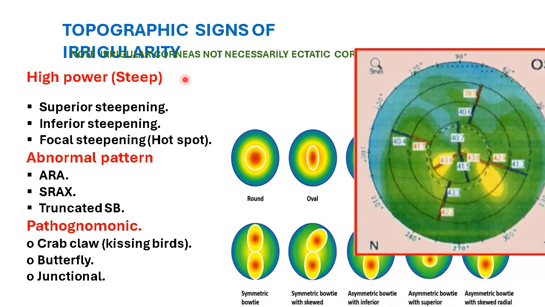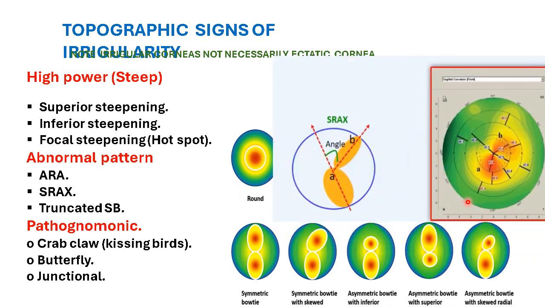If it is present within the normal range and with a symmetric bowtie, this is acceptable. However, if you find a high degree of against-the-rule astigmatism with saddling of the two bars of the symmetric bowtie, this is more suspicious and should be taken seriously. If you find a high bar with a skewed deviation like this, this is very significant. Another thing is what's called symmetric bowtie with radial axis deviation.